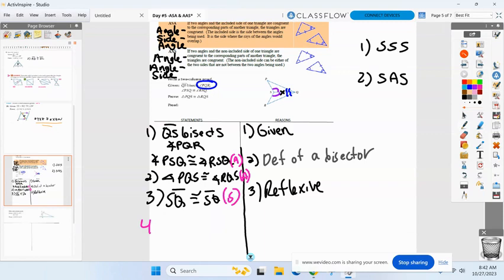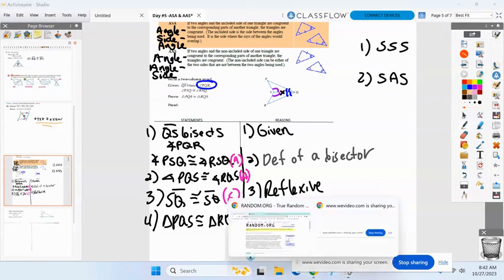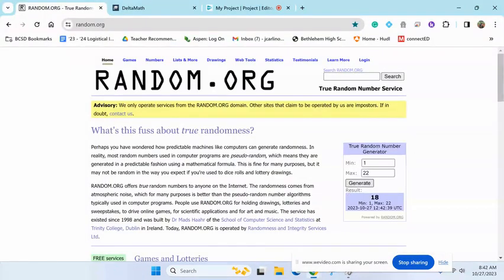So I'm just going to copy my proof statement down. And what did you guys decide on? Angle, side, angle or angle, angle, side here? Lily, what did you decide on?